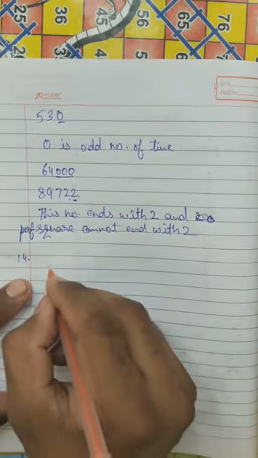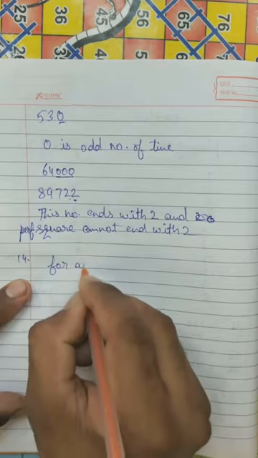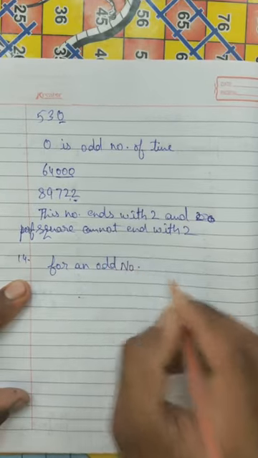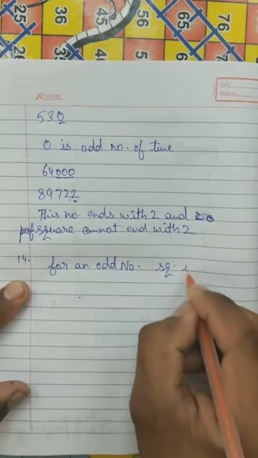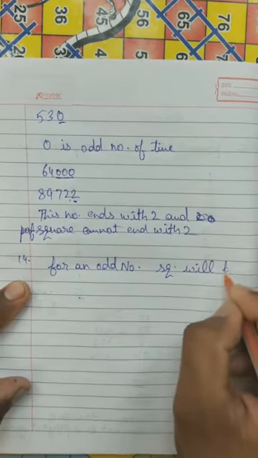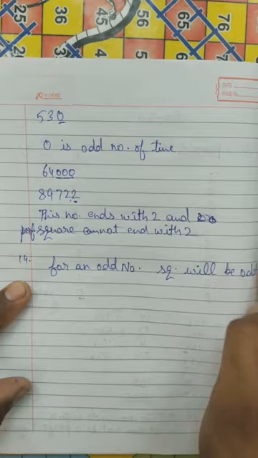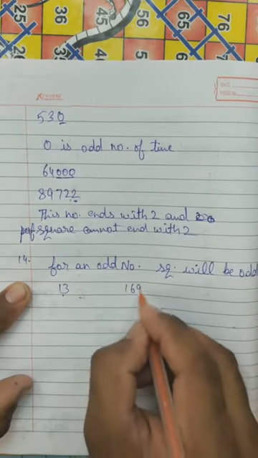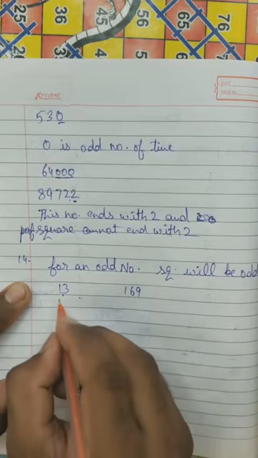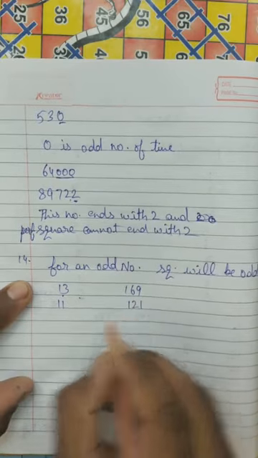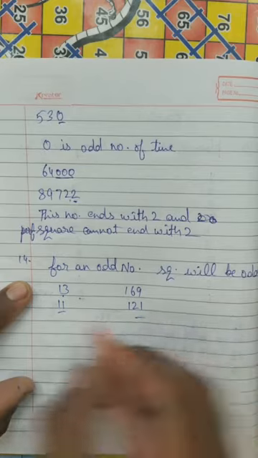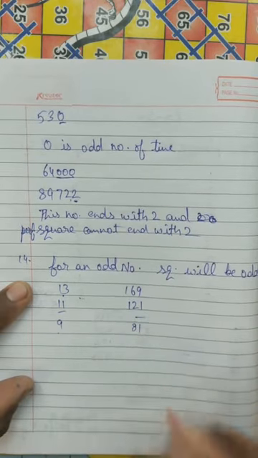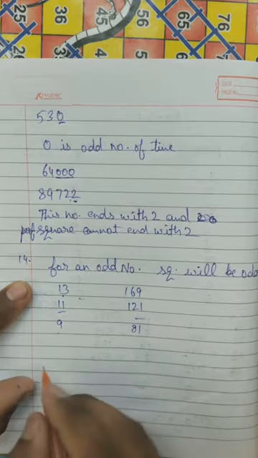For an odd number, the square will be odd. How? If we see 13 is an odd number, its square 169 is odd. If we take 11, its square is 121, it is also odd. If we take 9, it is an odd number, so its square is also an odd number.